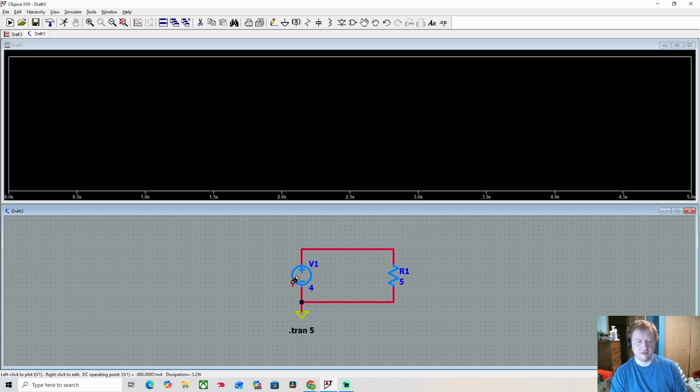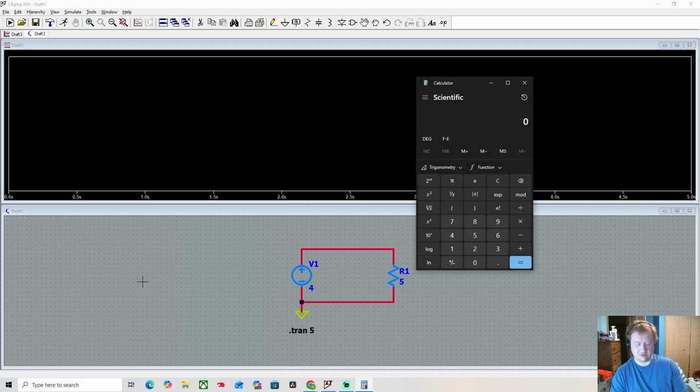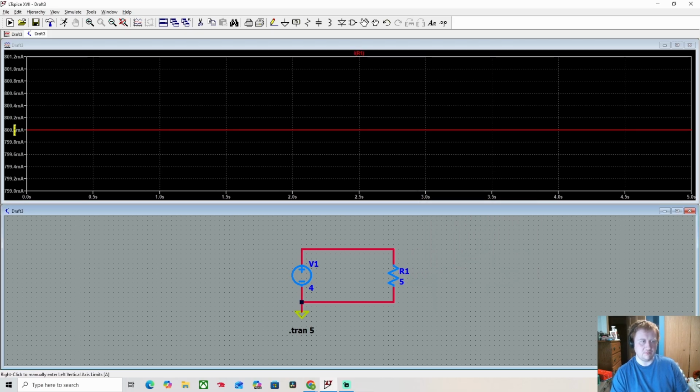Now, since V equals IR, 4 over 5 would give you, I can't do that math in my head. It's 0.8, so it should be 0.8 amps or 800 milliamps. Yep, 800 milliamps. So 0.8 times 5, which is only 4 watts.